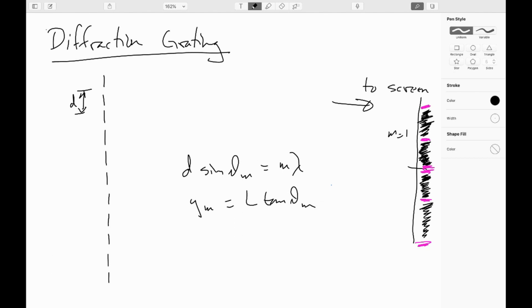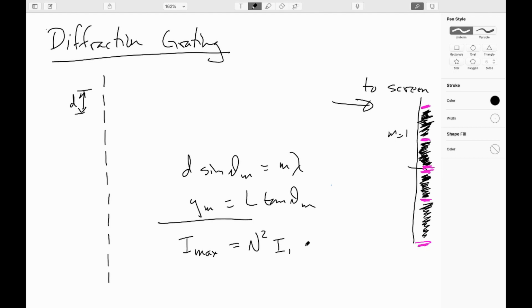I also alluded that you have very thin lines with big dark spots. In a treatment beyond the scope of this course, you can argue that the maximum intensity for any particular peak will go as the square of the number of slits illuminated times the intensity you would have if you just had a single pair of slits illuminated.